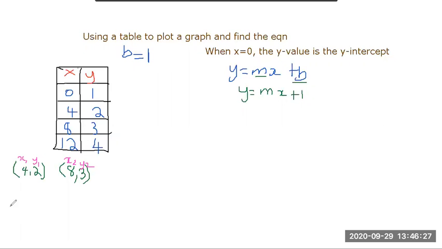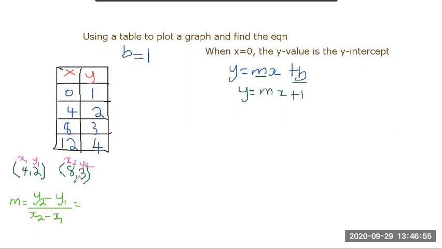Let me write my formula in before I forget. M is equal to y2 minus y1 divided by x2 minus x1. Okay, so with this, I have to punch in my numbers.